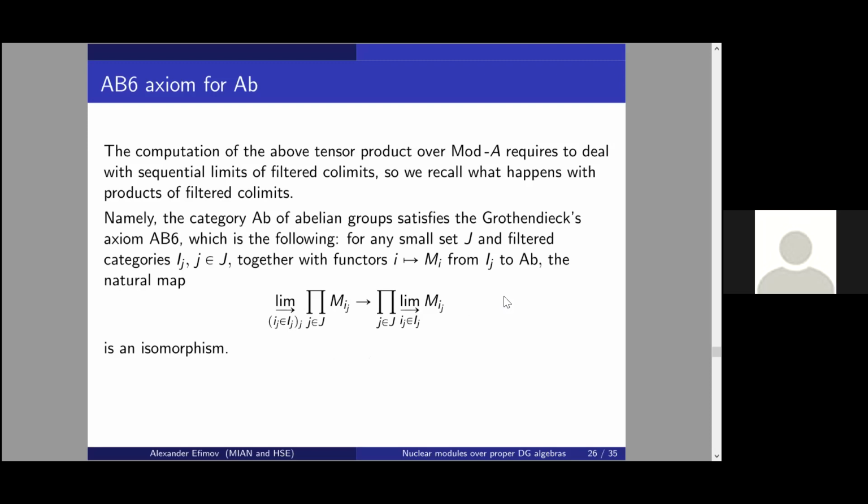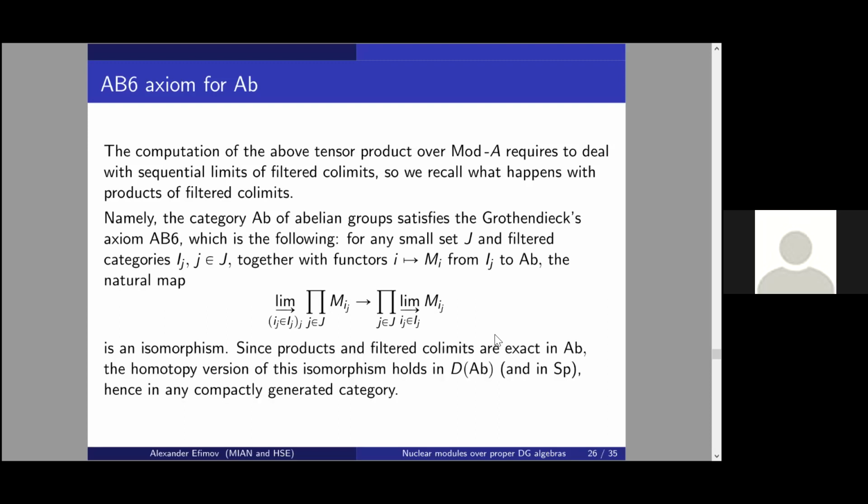So it's really just an exercise on how you construct these filtered colimits in abelian groups. So you just check this element-wise, just looking at the element on the source and the target, and just checking that this is a bijection.